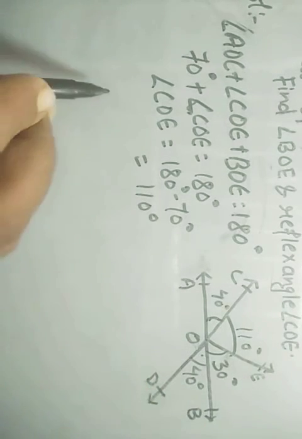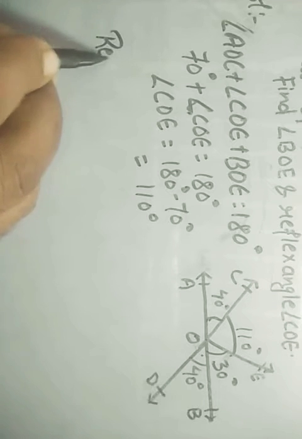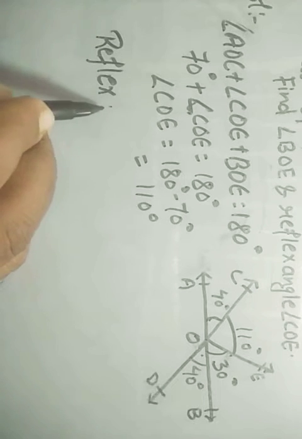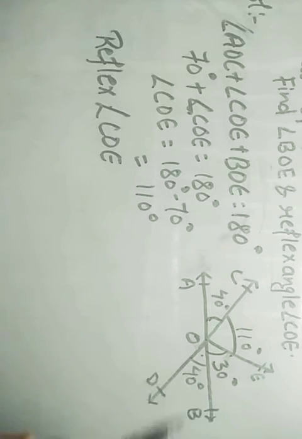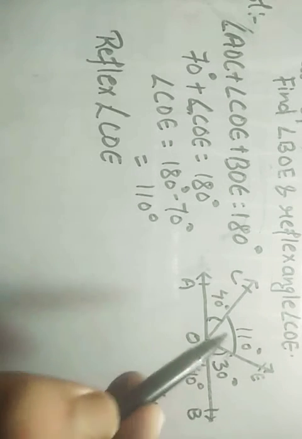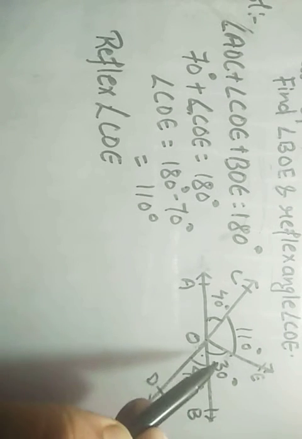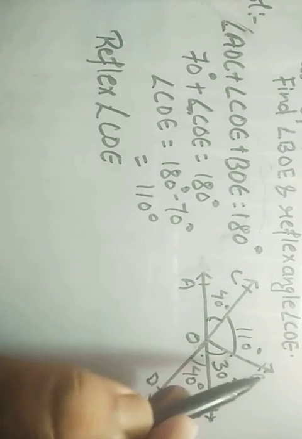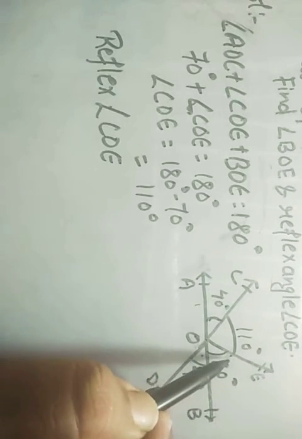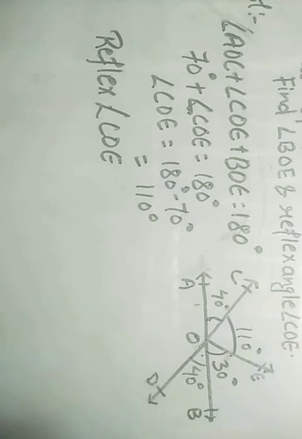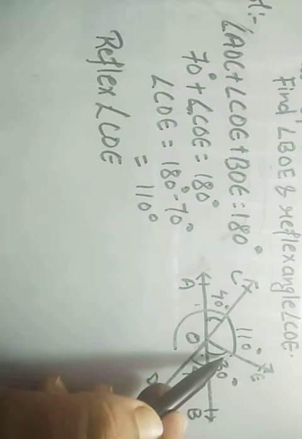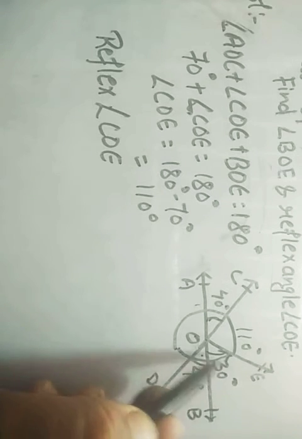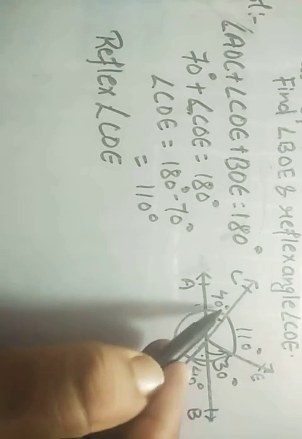Now we need to find the reflex angle COE. First we need to find the difference between angle COE and reflex angle COE. To find the reflex angle, we need to go from here anti-clockwise without going through angle COE. When we start from here and reach this point, we get the reflex angle COE.